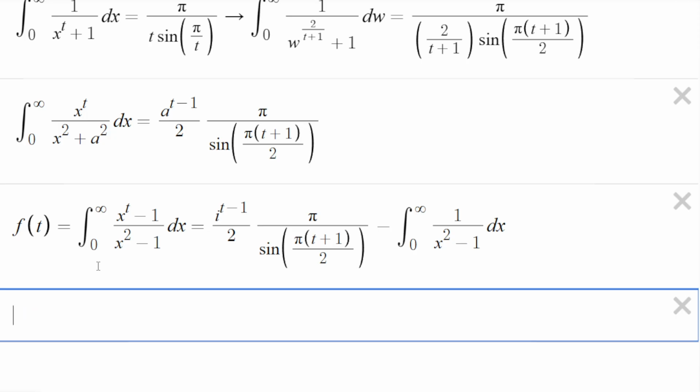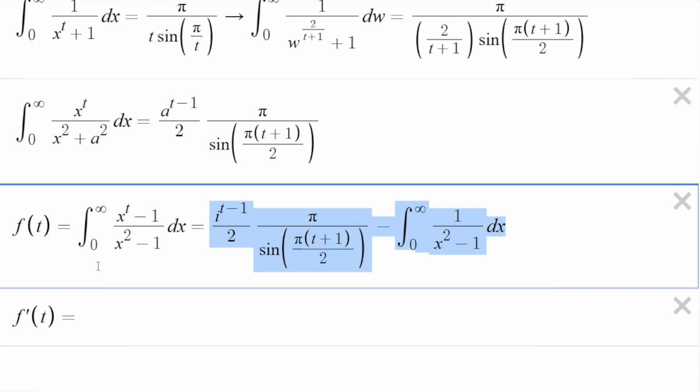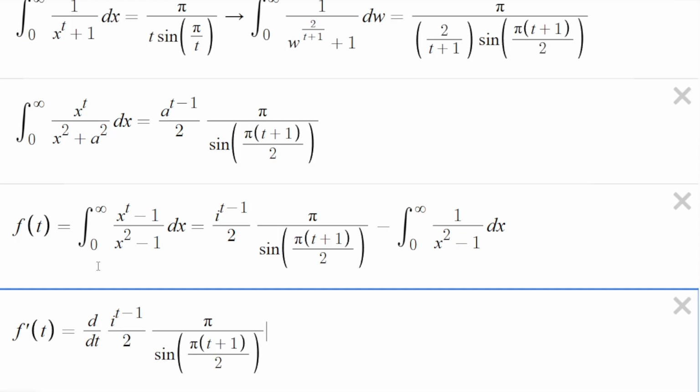All right, so let's take a first derivative. f prime of t is going to be equal to the derivative with respect to t of this. But the derivative with respect to t of this part is going to be 0, so it's going to drop out. So we're just going to get the derivative with respect to t of this. All right, let's bring out our constants. Let's be careful, though. Let's bring this i to the t minus 1 over here.